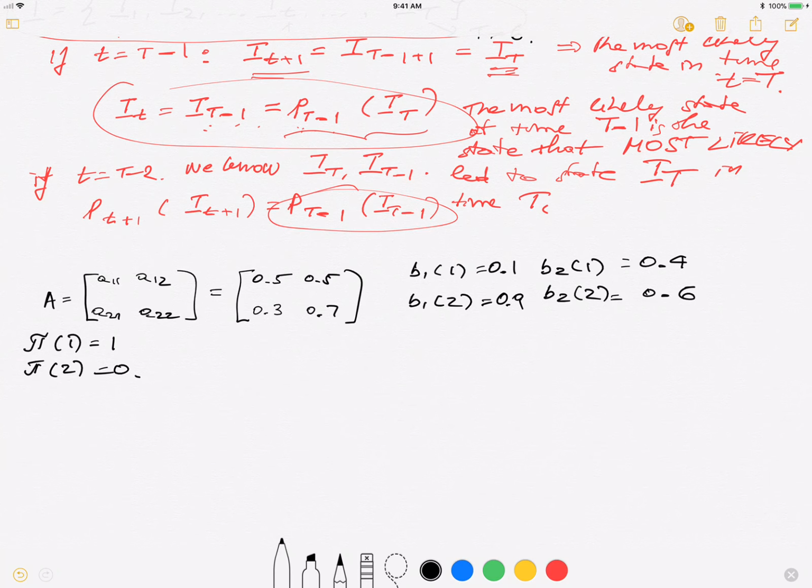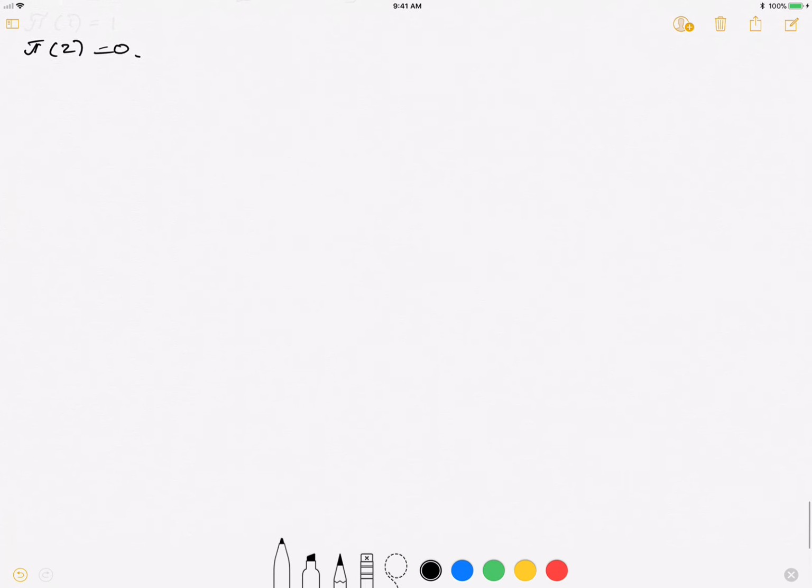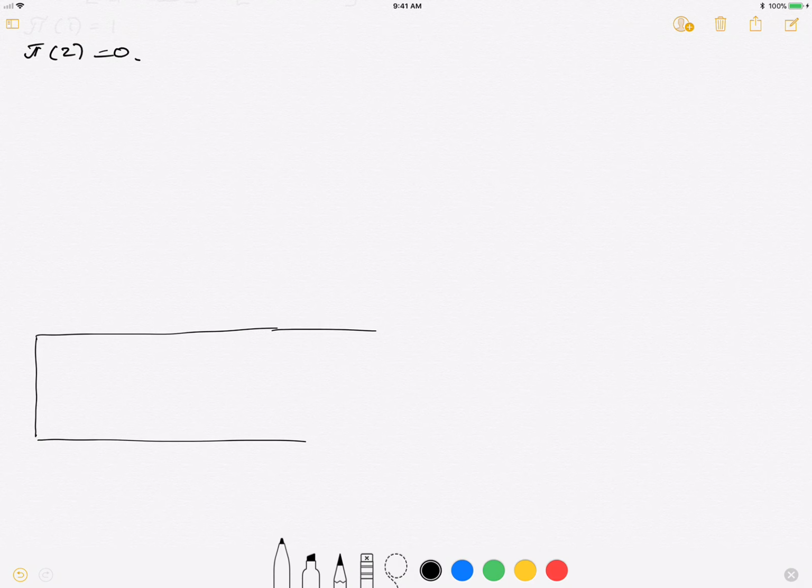And I need to reserve space to keep my deltas and psis. To do that, I will have two tables. This will be my table for deltas.